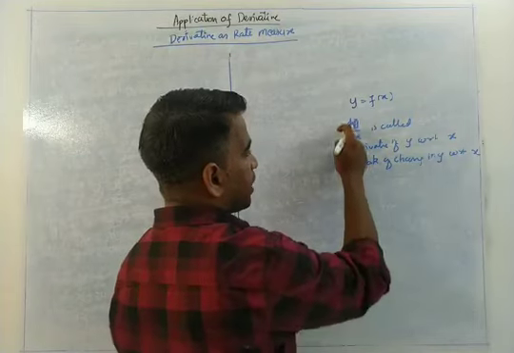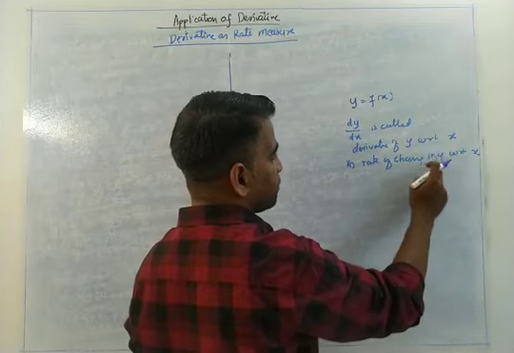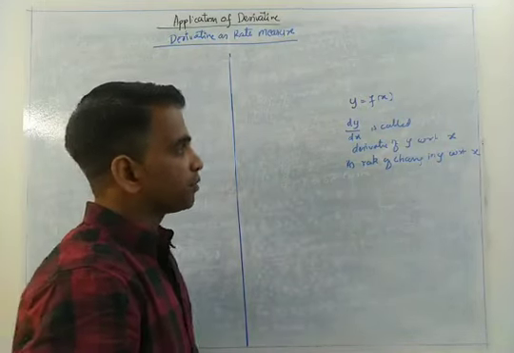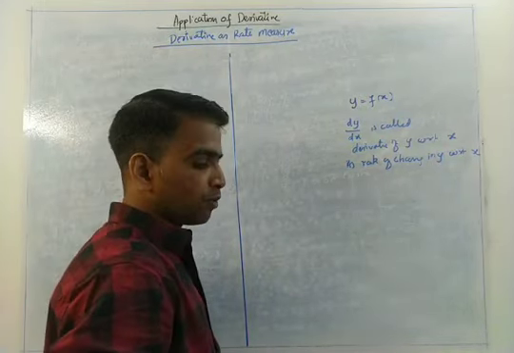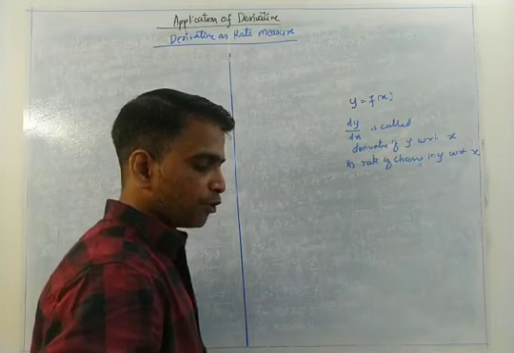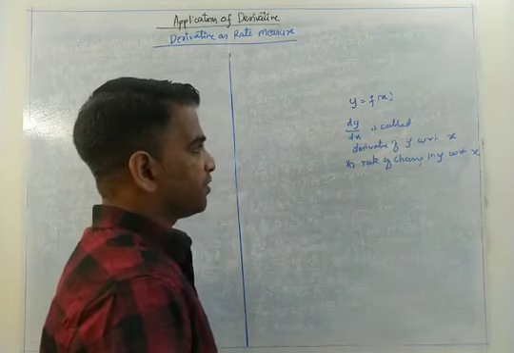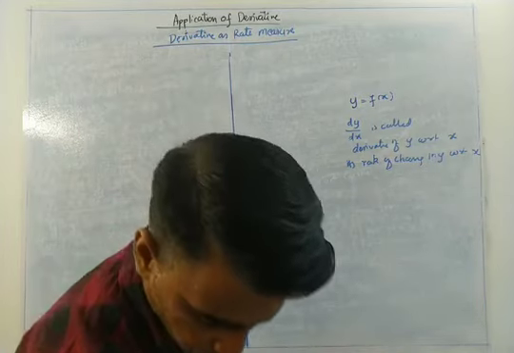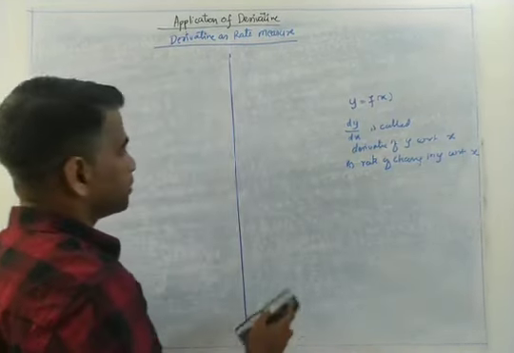Understand what dy by dx is: rate of change in y with respect to x. That is the main part we have to learn, and then we have to solve some examples related to rate of change. Rate of change is not a different thing, it is a simple point. Okay, so let's begin with examples one by one.